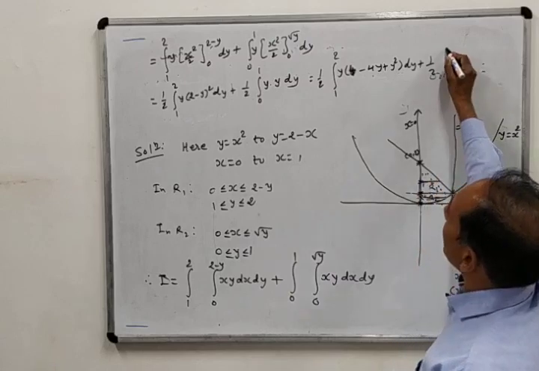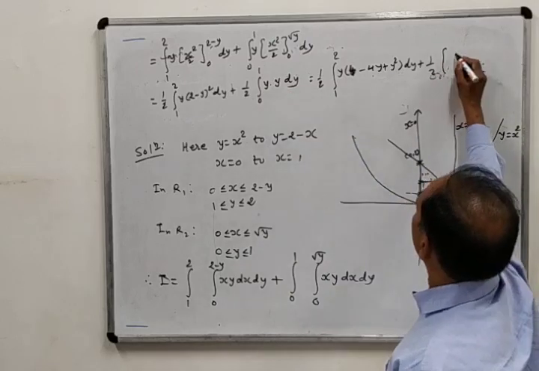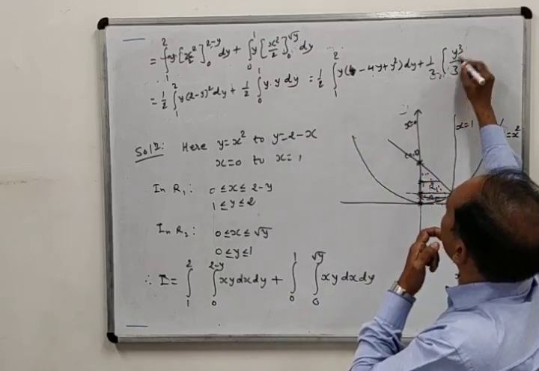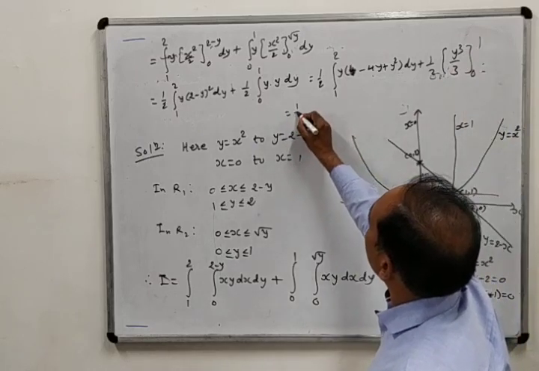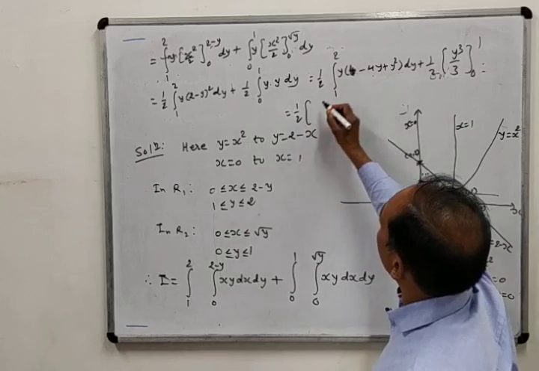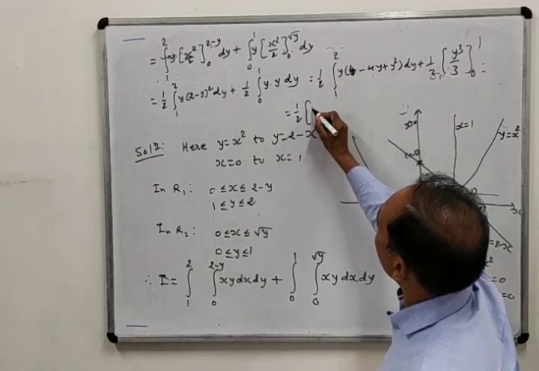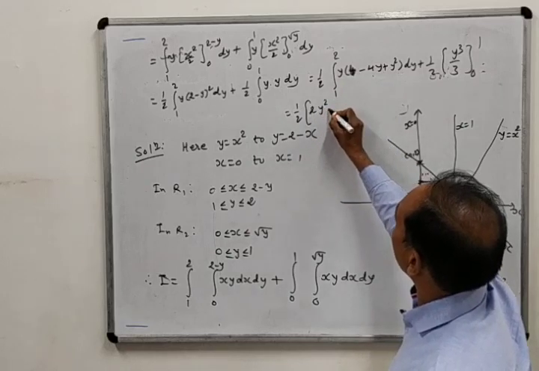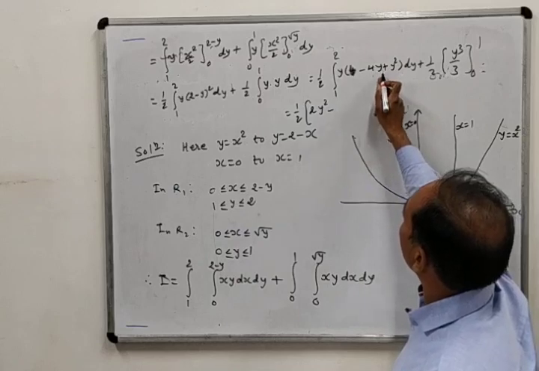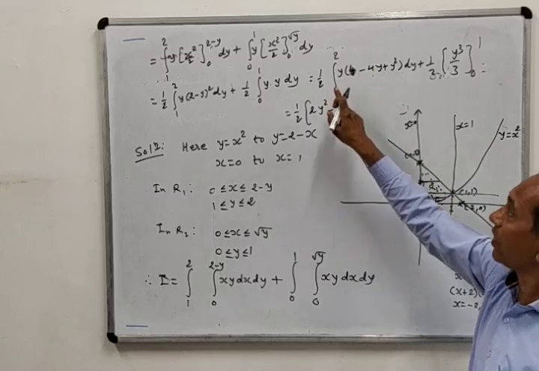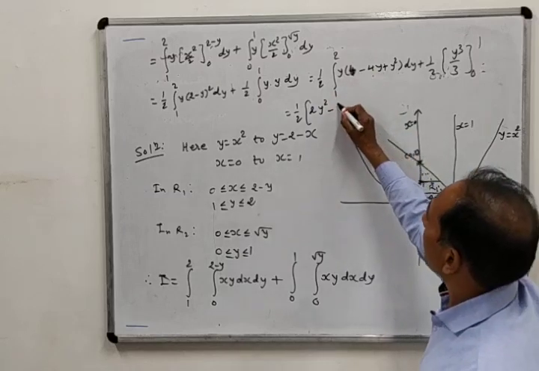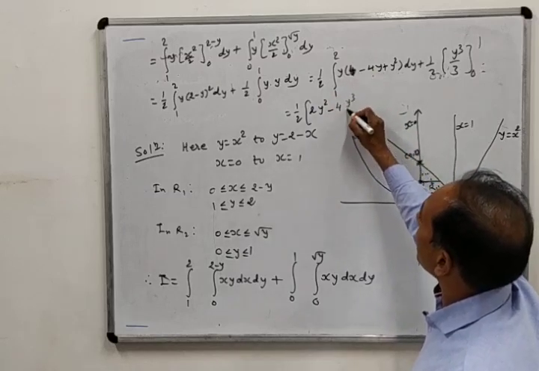This has the simple integration y square, so it has the integration y cube by 3, 0 to 1, and this has the integration now 4y means 4y square by 2, so 2y square. It is 4y square. See, don't forget to multiply this by 4: y square means minus 4y cube by 3.